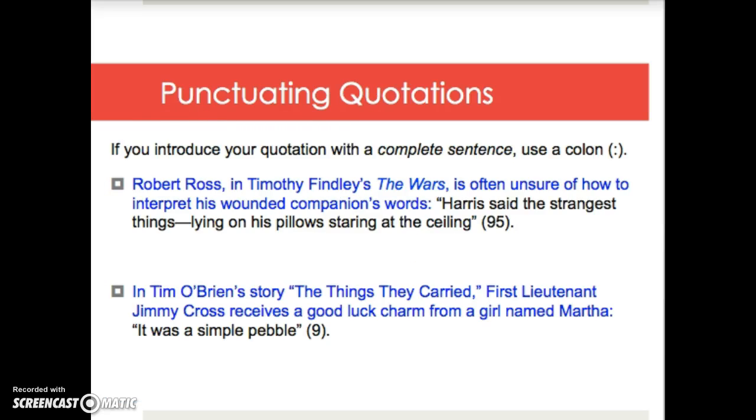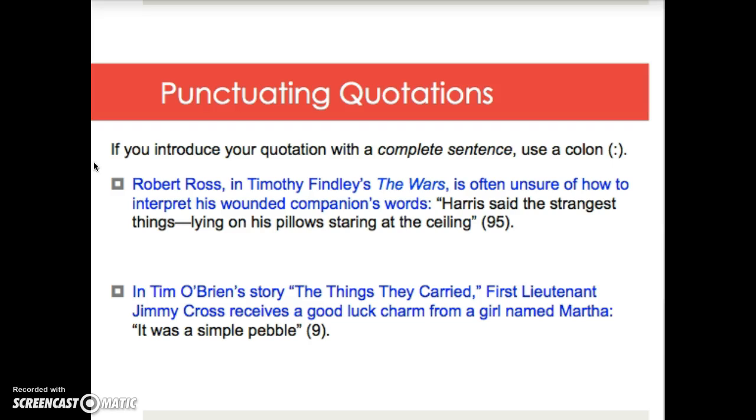Okay, so recapping, strategy number 1 is to introduce your quotation with a complete sentence. And a complete sentence will always have a subject, so who is doing the action of the sentence, and a predicate or verb that has a complete meaning to it.